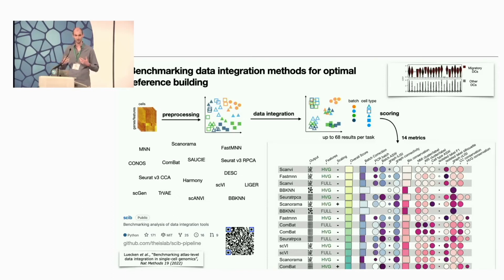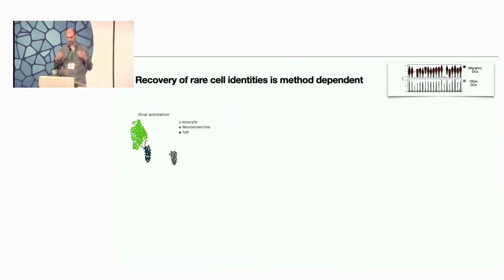Based on this, we find that scANVI performed very well for our lung data. Now you might think a lot of these different results will still be biologically somewhat similar if you're using different integration methods. So we took a look into some of the more popular approaches. And indeed, with our scANVI embedding, we could find very nice separation of rare cell types in the lung. These all make up less than 1% of total cells, and some 0.01%.